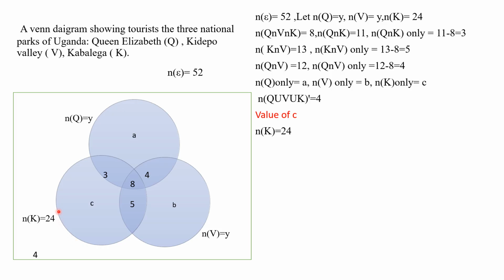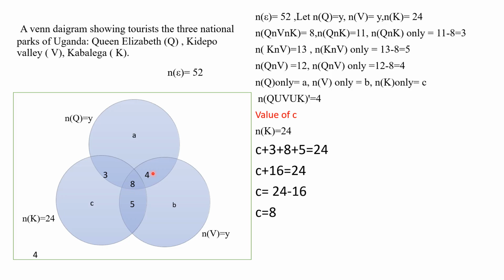You just consider the whole circle having K, the entire circle: this one, this one, this one, and this one. So we say C plus 3 plus 8 plus 5 is equal to 24. If you add, you get C plus 16 is equal to 24. Then you take away 16 from both sides and you get the answer as 8. So the value of C was 8.